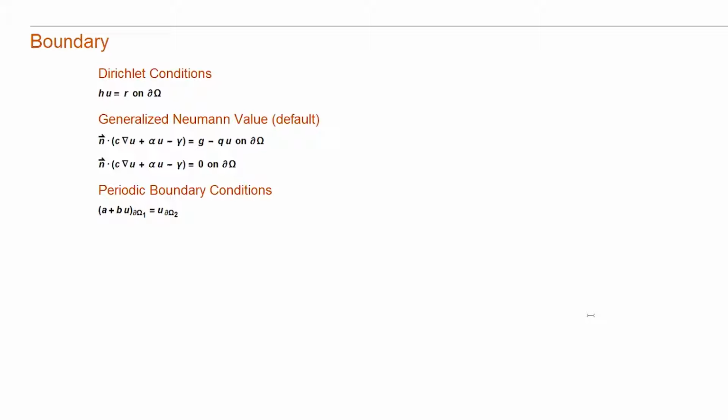Also note that if on some part of the boundary no boundary condition is specified, then a generalized Neumann value of 0 is used as a default. And thirdly, we have periodic boundary conditions. Those relate the dependent variable u on specific different parts of the boundary in some relation.